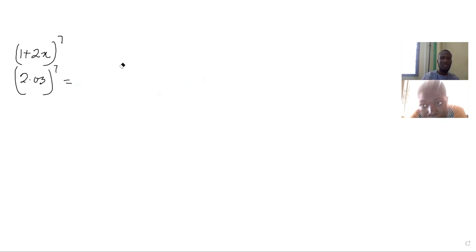Like you rightly said, this is 2 plus 0.03, right? Is that 2 plus 0.03 exponent 7? That is what you did, right? Is that what you did?